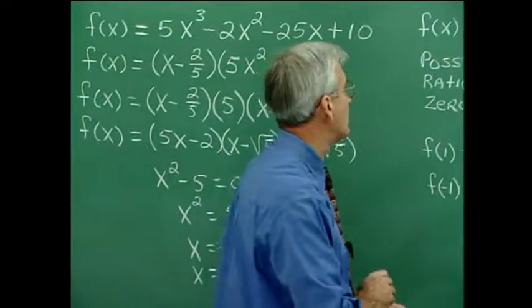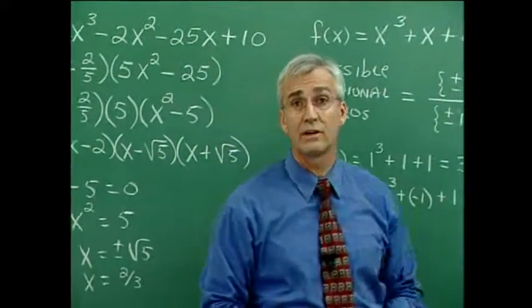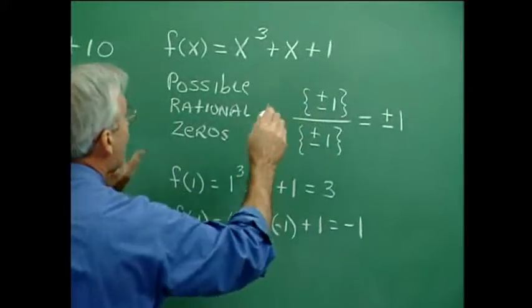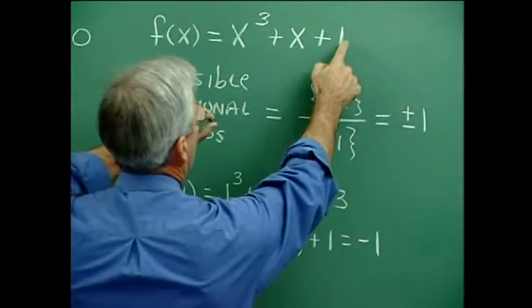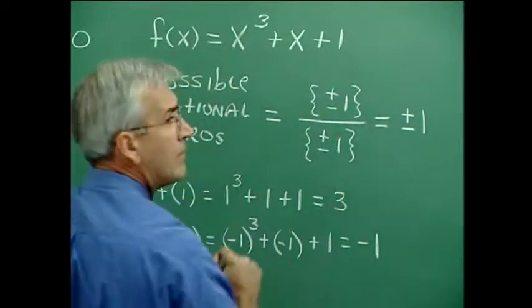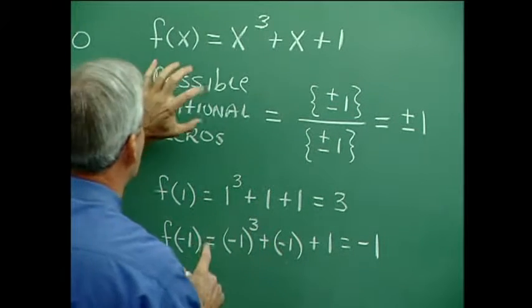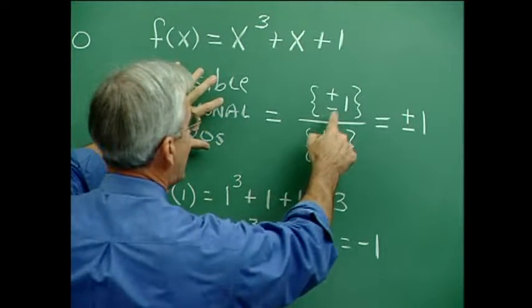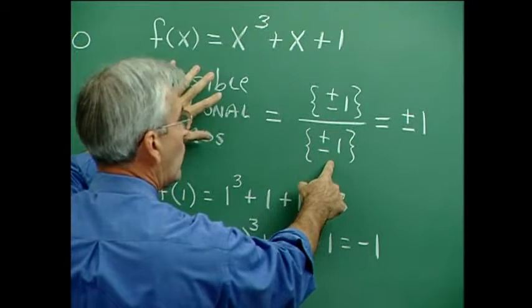Here's another situation where the rational zero test might come in handy. Suppose we begin with this function, and looking at the constant and the leading coefficient, they're both 1. So the possible rational zeros, that list is pretty limited because we have plus or minus 1 over plus or minus 1.